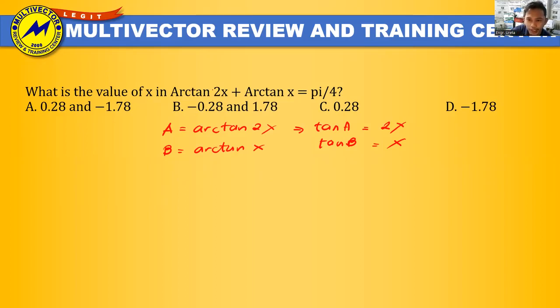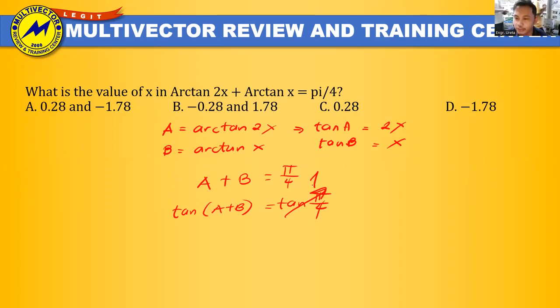Therefore, yung angle nito, arctangent 2x is A, plus B is just equals to pi all over 4. Kapag nag-tangent kayo both side dyan, tangent of A plus B is just equals to tangent pi all over 4. But tangent pi all over 4 is just equals to 1, or tangent 45 degree kapag ka-degree.